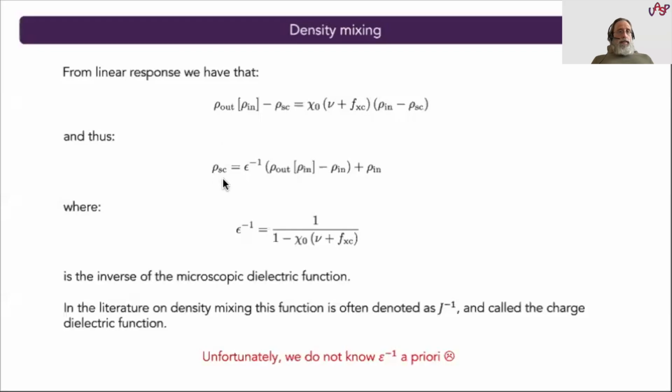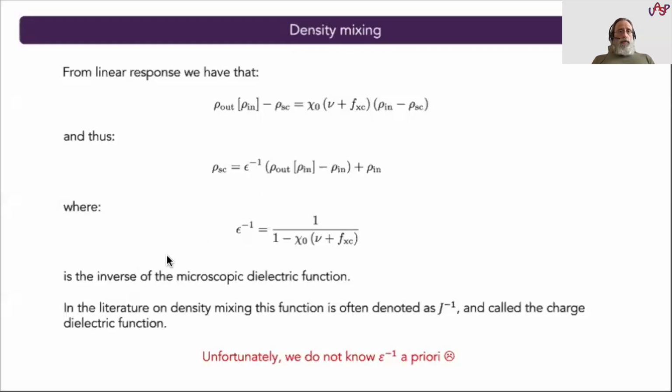So with this, we can see that the self-consistent charge density that we are seeking is essentially given by what we call the residual, so the difference between rho out and rho in, plus rho in, times epsilon to the -1 times this residual.